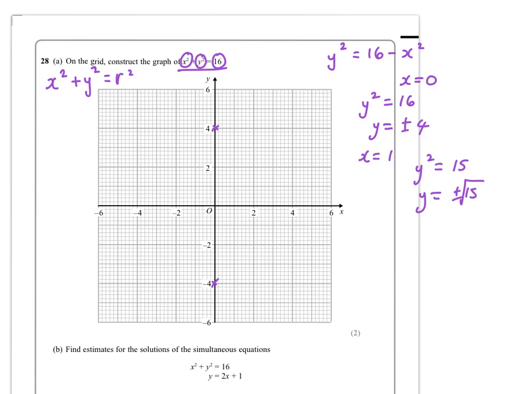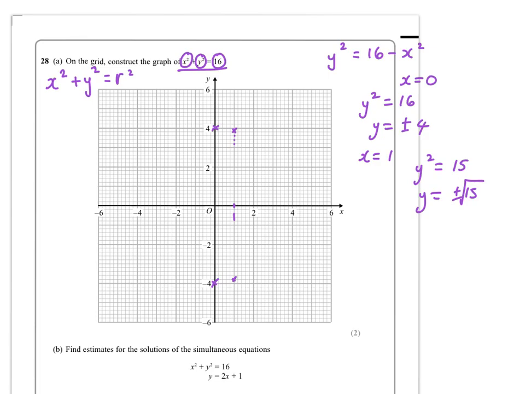You'd have 15 to the power 0.5, and you get 3.87 plus or minus. So you could start plotting these values here, the plus value, and then here you've got the minus value. And you could carry on doing that, and it would take you a long time. You'd probably run out of time.